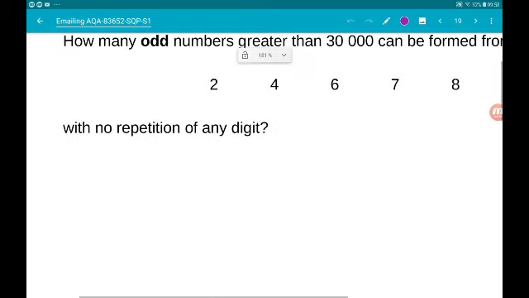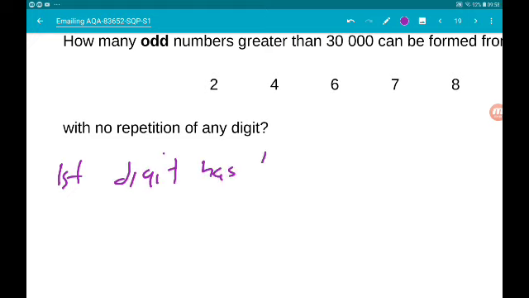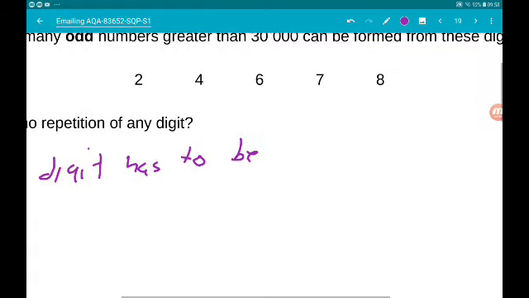So the first digit has to be 4, 6, 7 or 8 for it to be greater than 30,000, but the last digit for the number to be odd has to be 7.